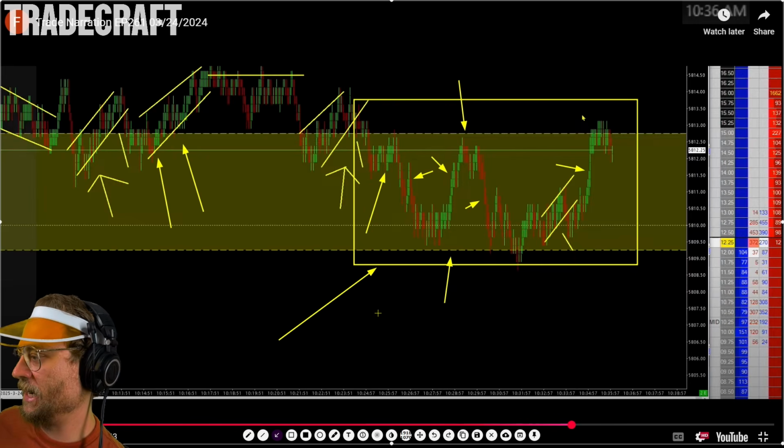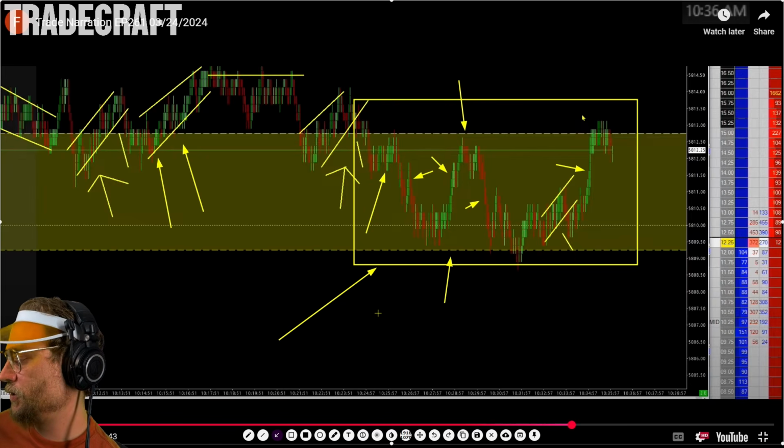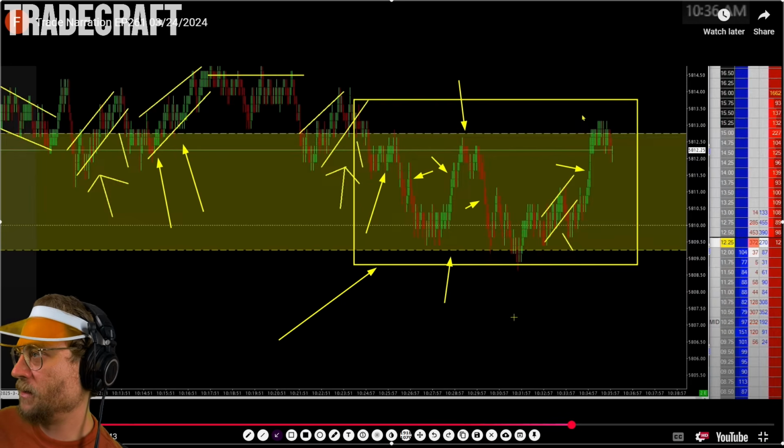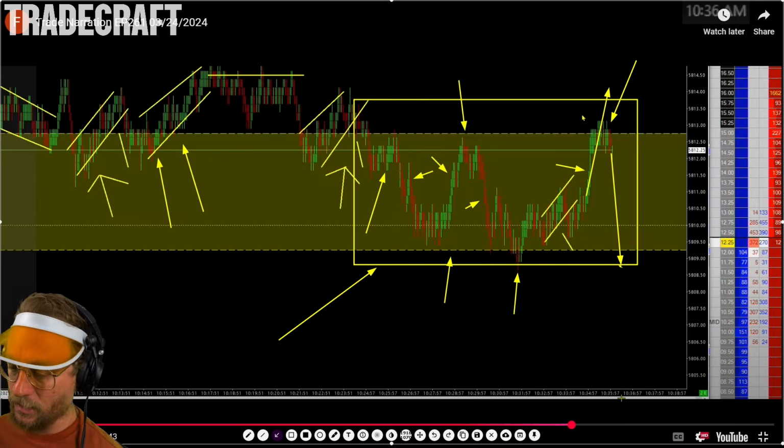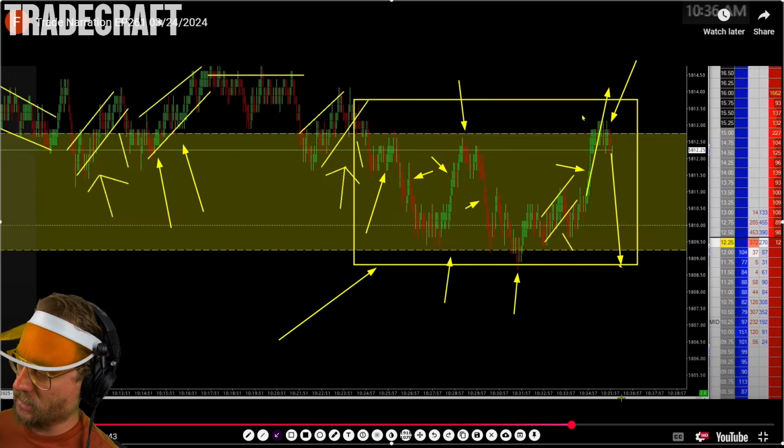This is a range, and you better be careful if you don't understand what a slip range is. These are the types of things where you go short here and it's just going to blast you out in one direction, and then you go long here and it blasts you hard for over 5 points, 10 points, 15 points, depending how big it is. I just know that's a slip range.